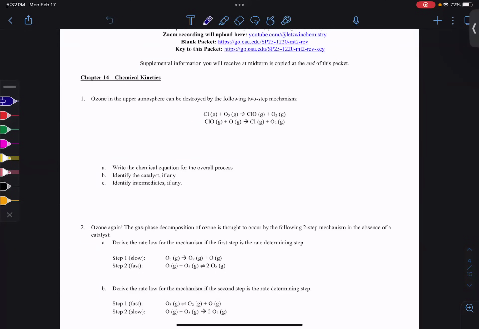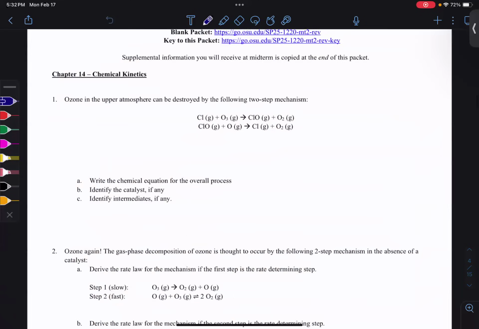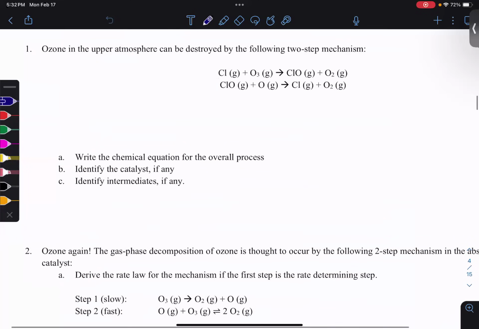The fun thing about mechanisms is it's like a little puzzle, is that finally, we are allowed to take the stoichiometry from the reaction and turn that into the exponents in your rate law. So let's just go through, I think there's like 2 or 3 questions here. Okay, here's a reaction.